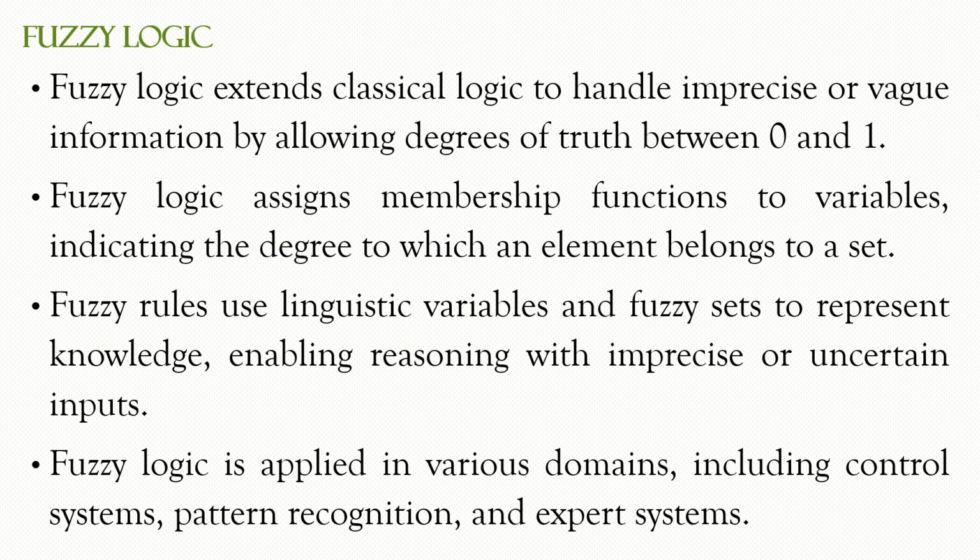When it comes to fuzzy logic, it extends classical logic to handle imprecise or vague information. Normally logic has only two levels, true or false, with no values in between, like digital logic, 0 or 1, where 0 corresponds to false and 1 corresponds to true in positive logic.